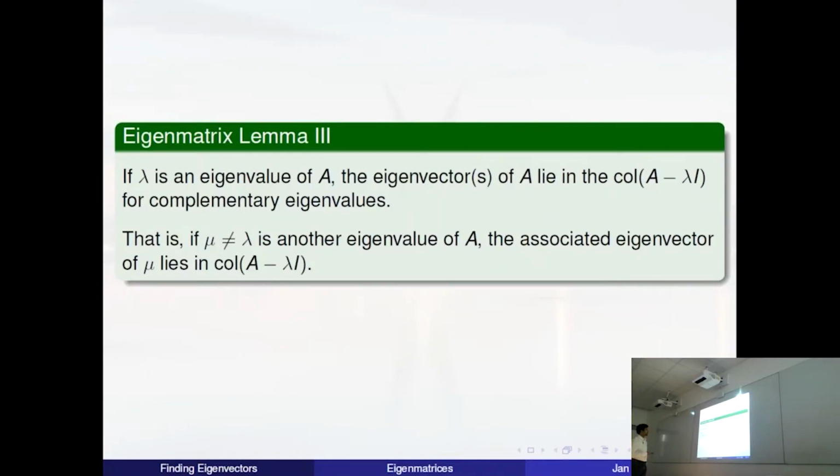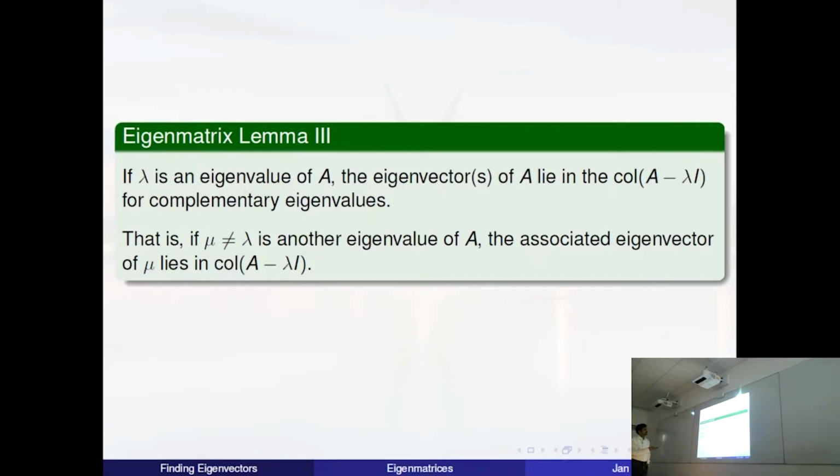And then we have the eigenmatrix lemma. That's the general case. So if lambda is an eigenvalue of A, the eigenvectors of A lie in the column space for the complementary eigenvalue. You can see that the eigenvectors lie in the column space because the product equals 0. And we also know that any linear combination is still an eigenvector.